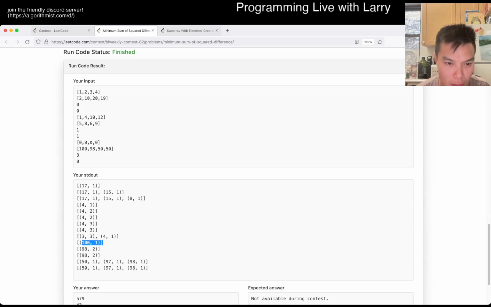Start 100 and then. Well, this was already wrong. Oh, I know that's not true. With this, and then this goes to this, which is very wrong.